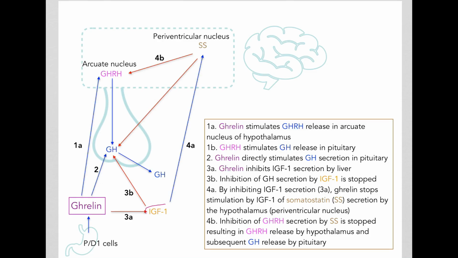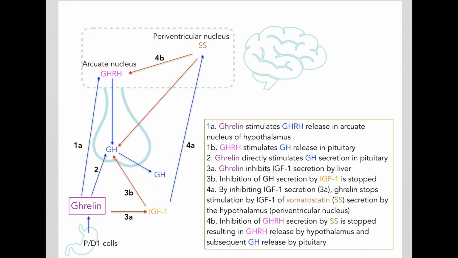Now, IGF-1 has several effects on the brain. One is that IGF-1 inhibits growth hormone secretion by the pituitary gland. So by inhibiting IGF-1, ghrelin removes this inhibition, which means ghrelin will stimulate the secretion of GH by the pituitary gland.